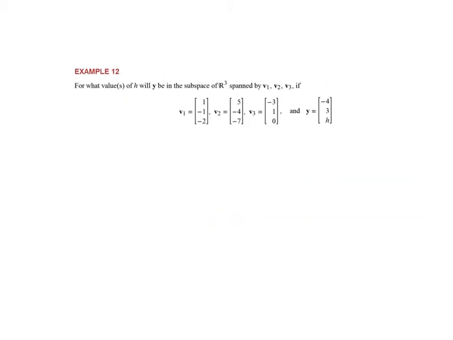Now, the last example says, for what values of h will y be in the subspace of R3 spanned by those 3 vectors, if this is what all of my vectors look like? Now, the wording of this question should sound a little bit familiar because actually, in section 1.3, problem number 2, this was a problem from a previous section.